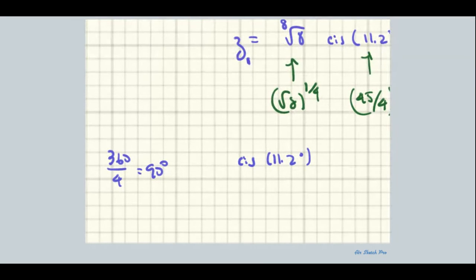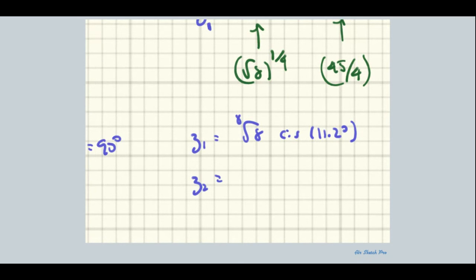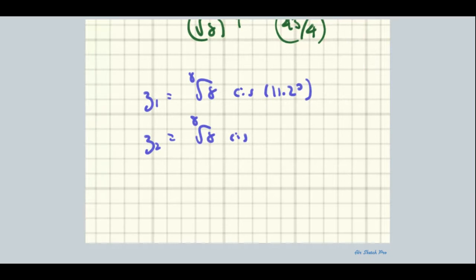So my solutions are Z1 is just the 8th root of 8 times cis 11.2 degrees. The second one is going to be the 8th root of 8 times cis, add 90. Add 90.